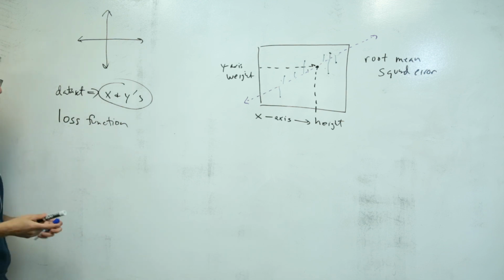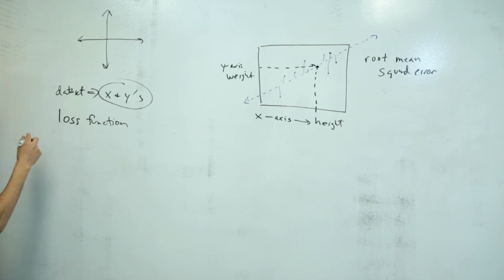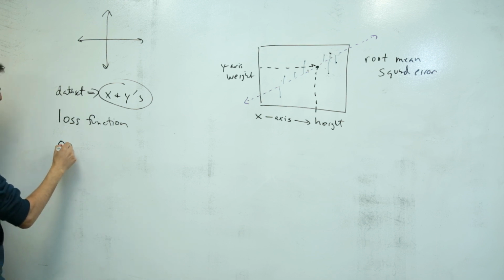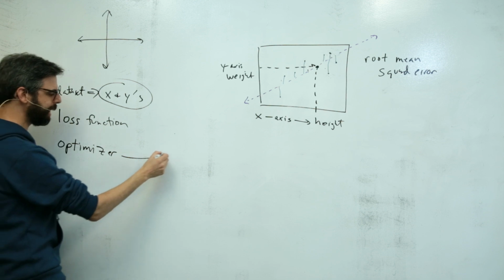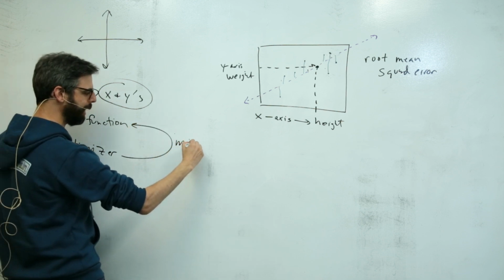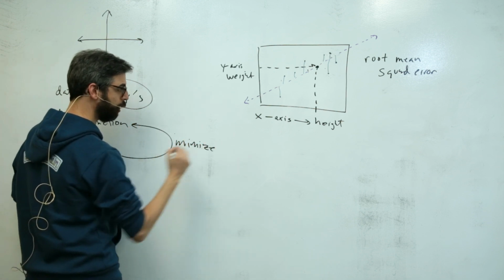I also need, in TensorFlow.js, something called an optimizer. And the optimizer is the thing that allows me to minimize the loss function.